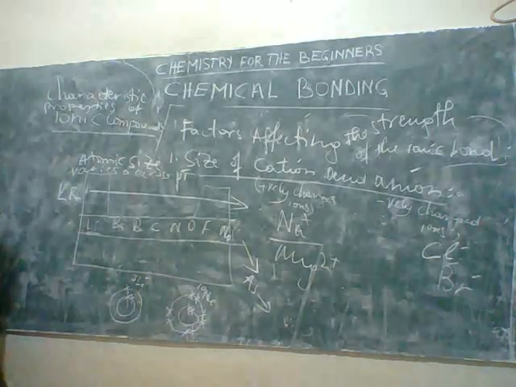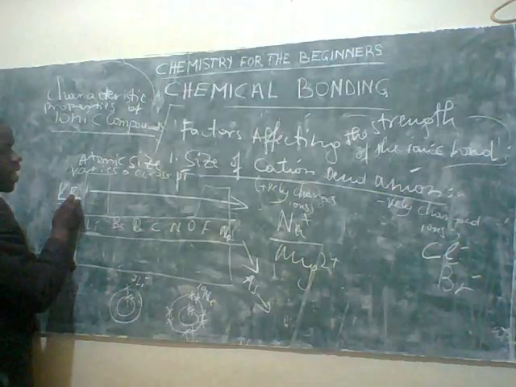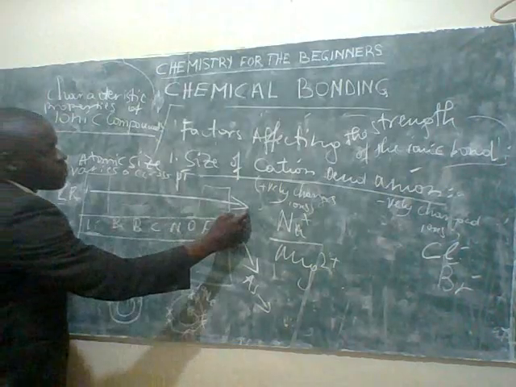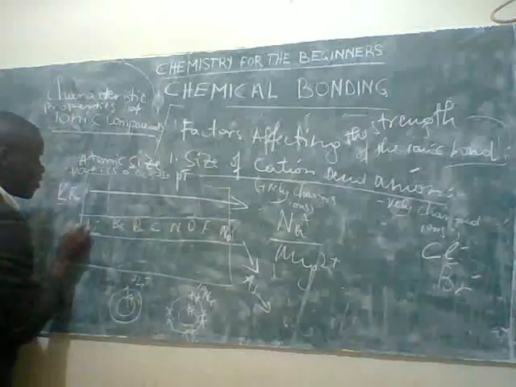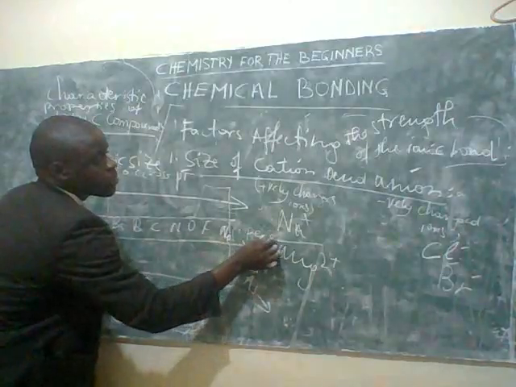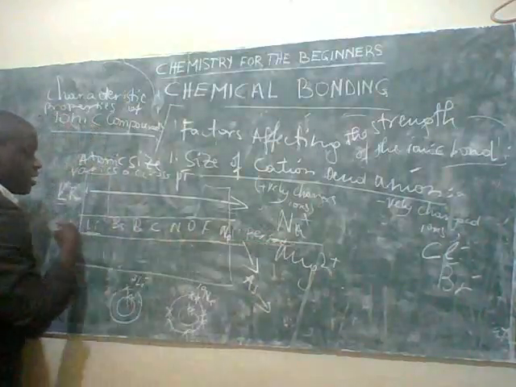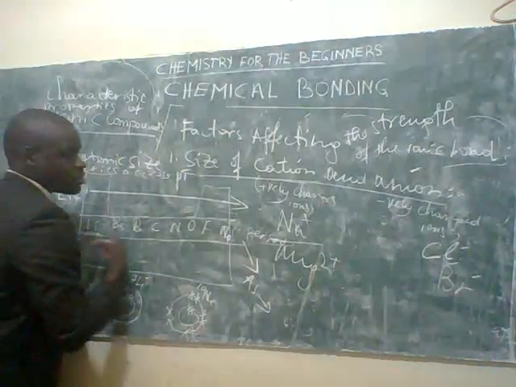But let us look at here. Why do we say that from left to the right of the periodic table in the same period, the same law? It is called the period.